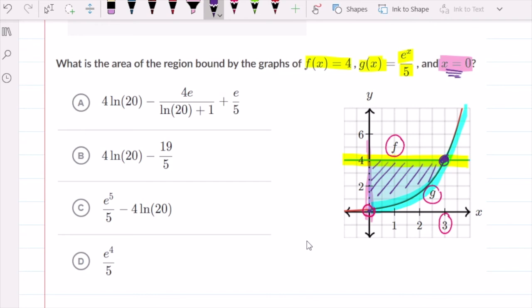So how can we find that area now? We can notice that there is no intersection point inside the shaded area, so directly we can find the area by the integral from 0 up to 3 of the function f of x, which is 4, minus the function g of x, which is e to the power x over 5, dx.